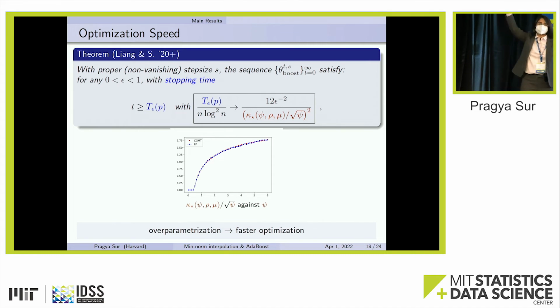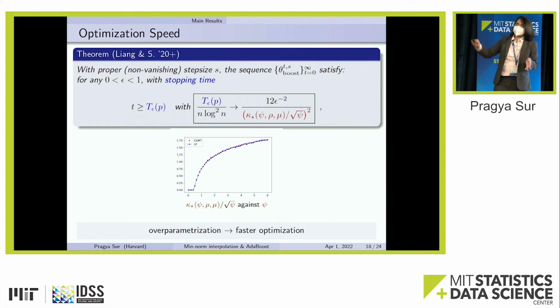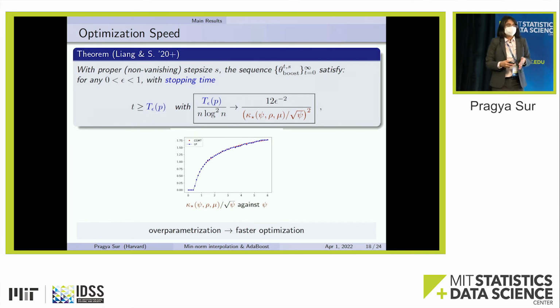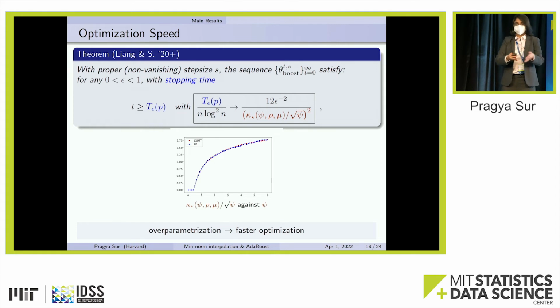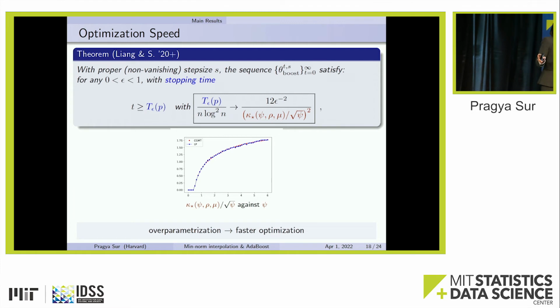So what's happening is that time threshold is actually decreasing as the over-parameterization increases. So what that means is the more and more you're over-parameterized, the faster the algorithm is going to converge to one of these interpolants. And this is perhaps in the boosting literature one of the earliest instantiations of formally showing that over-parameterization is helping optimization in some sense.